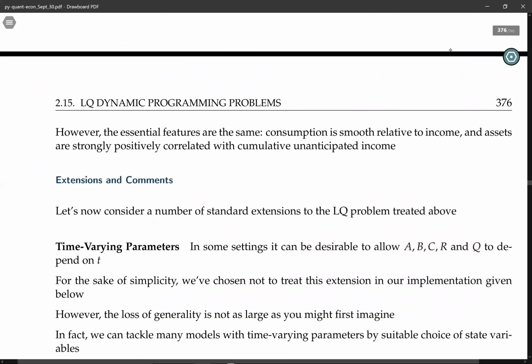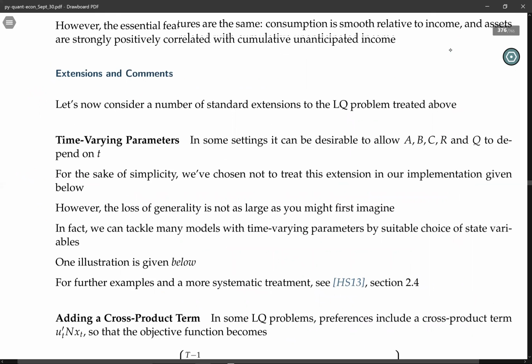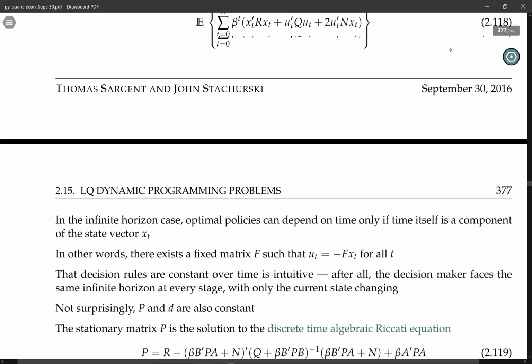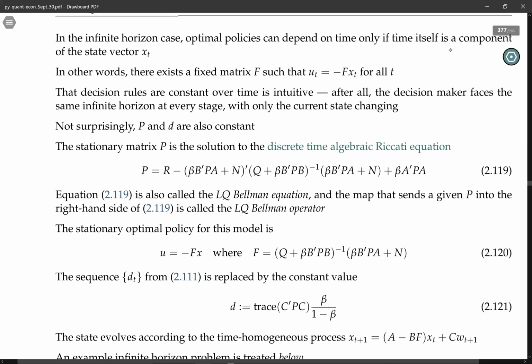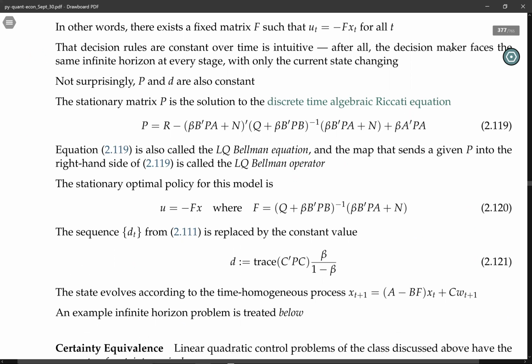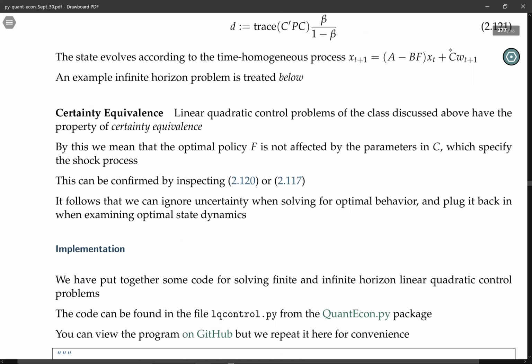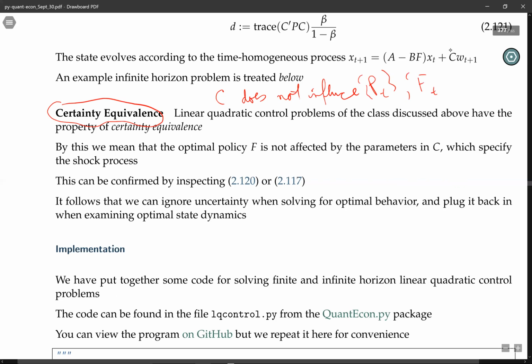So there's an extension here that I want to show you. This is very easy to do. This certainty equivalence principle tells you C does not influence P, any of the sequence, and it does not influence FT.